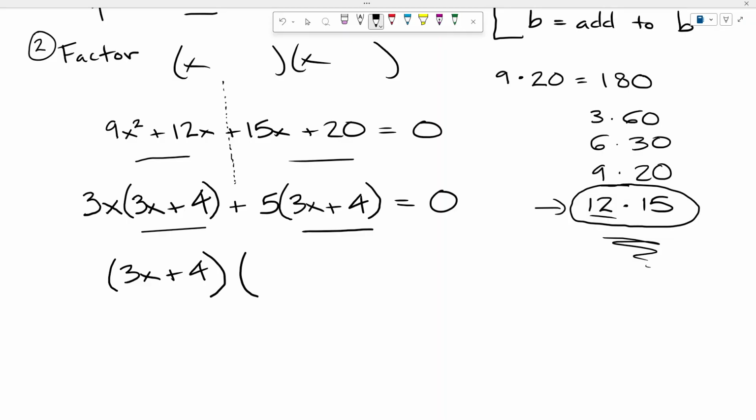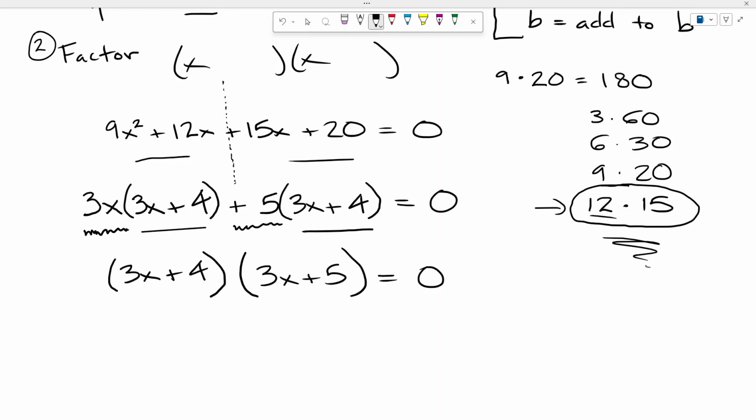And then the other piece, we're just taking what's left on the outside. All right, 3x plus 5. That is our second part, our second algebraic expression, equal to 0.